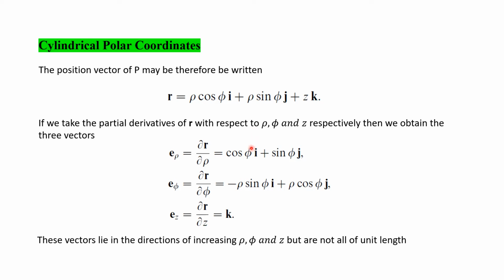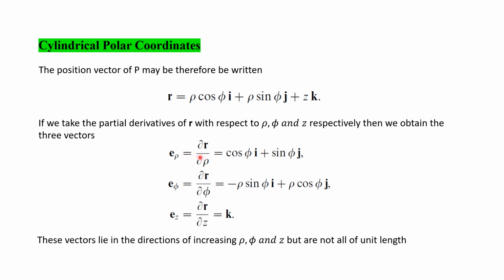If we take the partial derivatives of r with respect to rho, phi, and z respectively, then we obtain three vectors. First, we get the partial derivative of r with respect to rho. We call this e of rho.